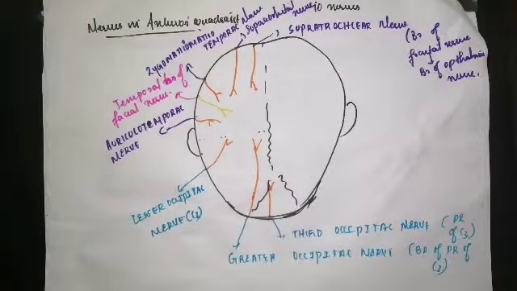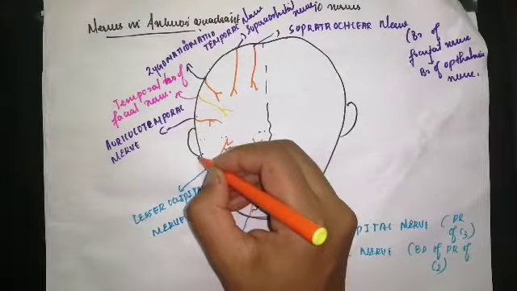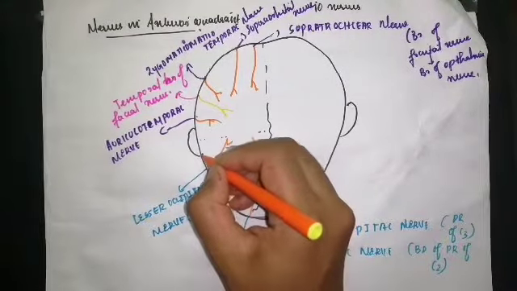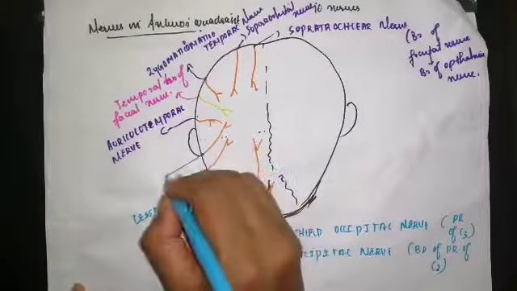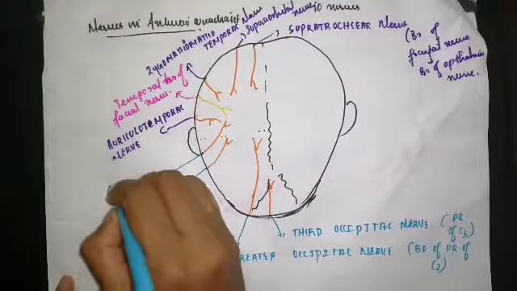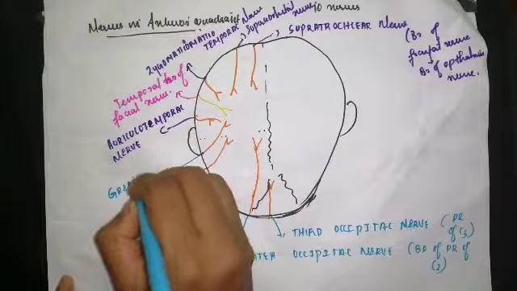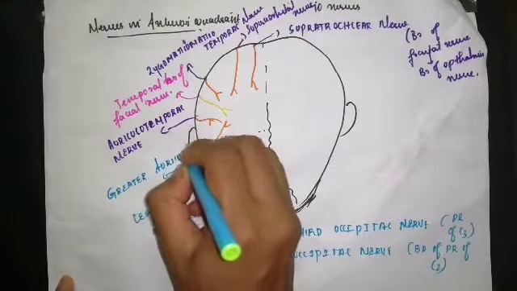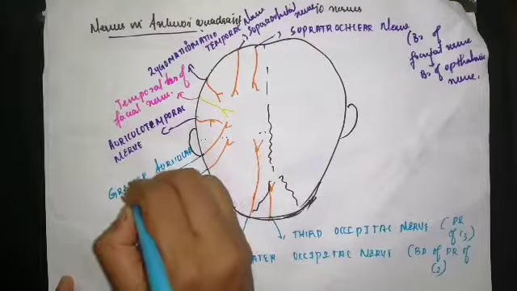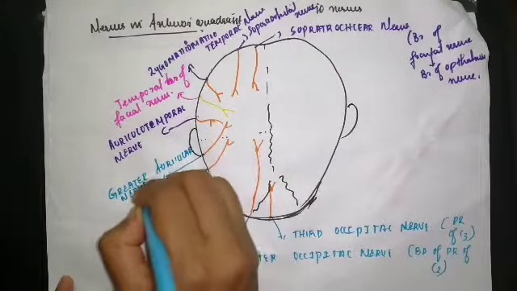Now, just posterior to the auricle, very close to the auricle, is the greater auricular nerve here. This is the greater auricular nerve with the root value C2, C3.